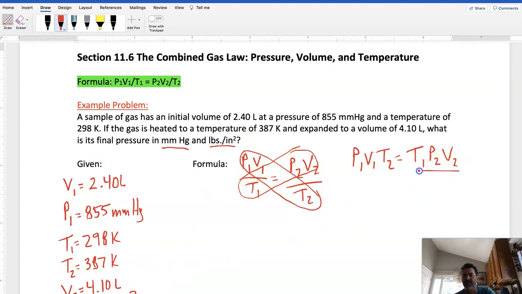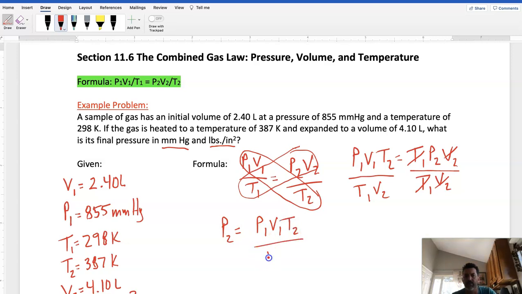So that means I'm going to divide both sides by T1 and V2 so I can get that on its own. So T1 V2, I can cancel that out, numerator, denominator. And now I just have P2. So P2 equals P1 V1 T2 over T1 and V2.